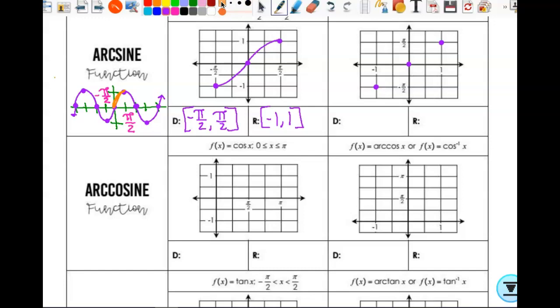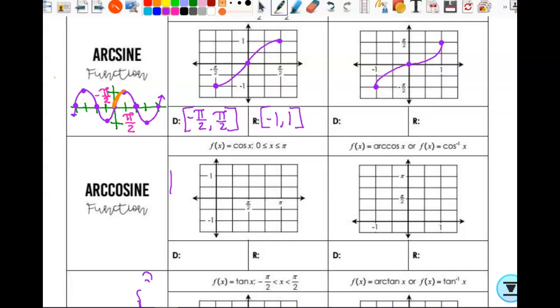If we graph some of the other not so pretty points, we could see this, but we also know that when we have an inverse function, it's also a reflection in the line y equals x. So since this reflects across the line y equals x, the curve flips around and it curves like that. Okay, you see how that's kind of a reflection right there?